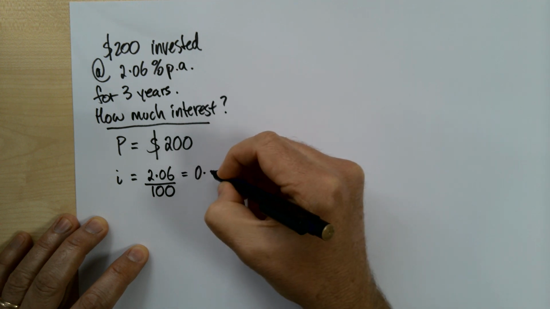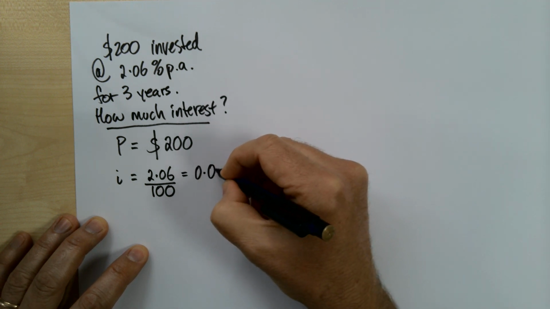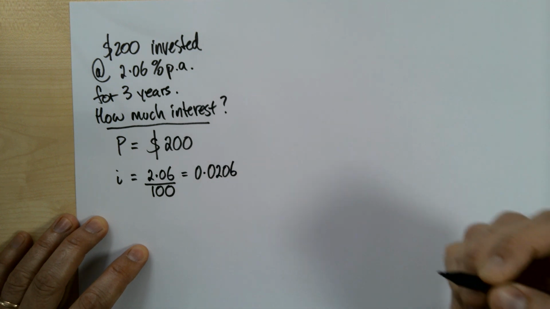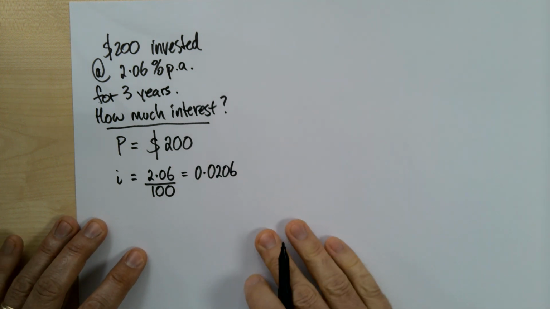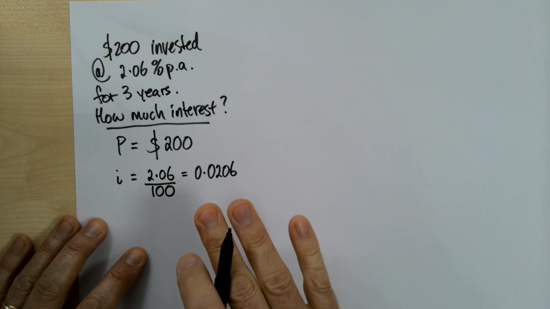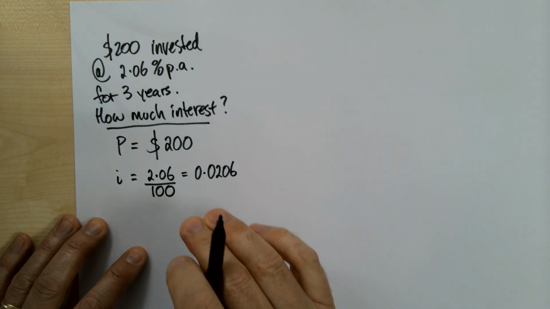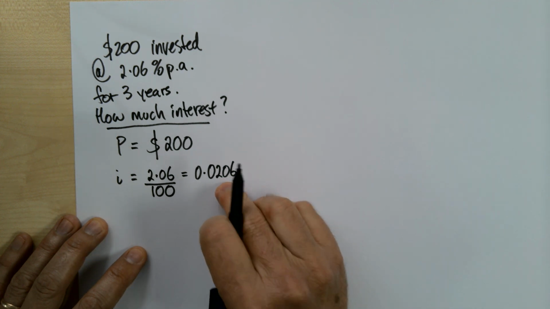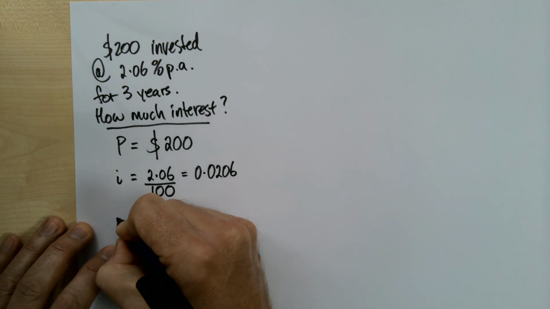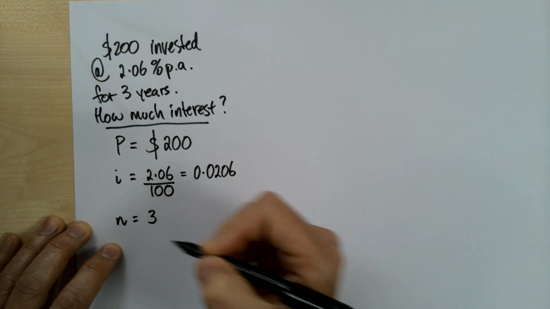Get it to a decimal, and give all the decimals that the calculator tells you. Do not round that off. If it gives you 5 decimals, you put the 5. Very, very important, do not round that one off. n is the time, which is 3.